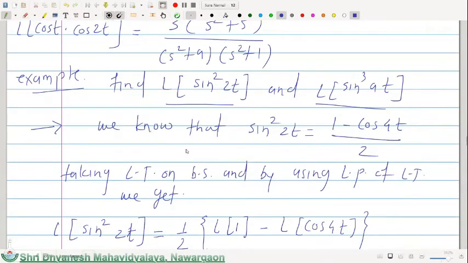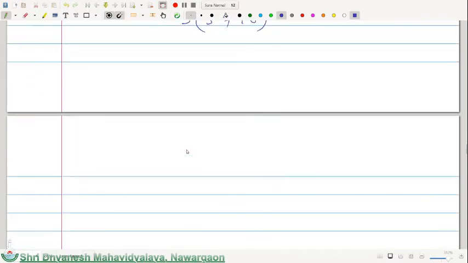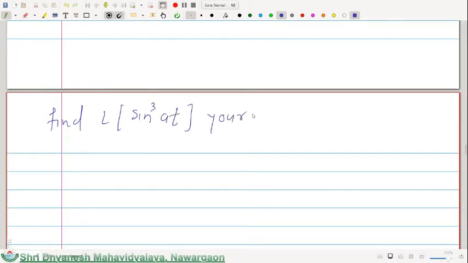We will do the next example, or I can give you the final answer for that example so that you can verify your calculation with that answer. Find the Laplace transform of sine cube at yourself.